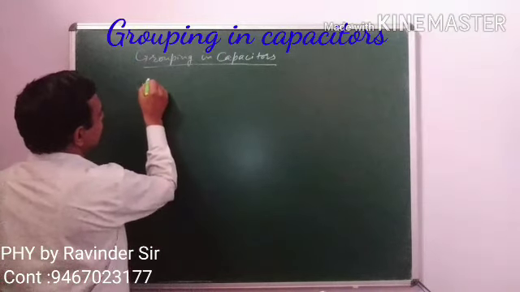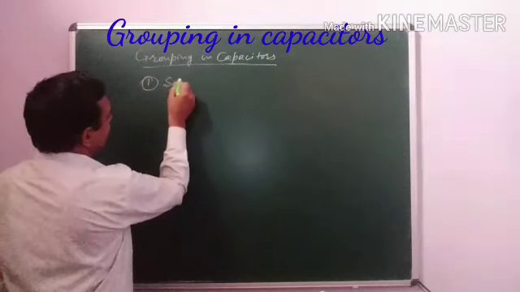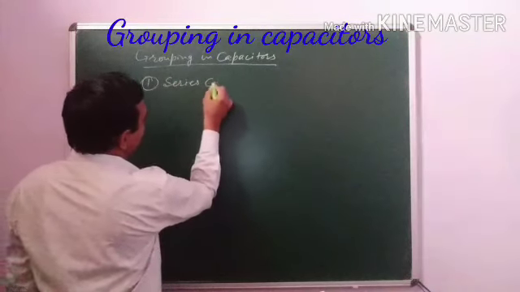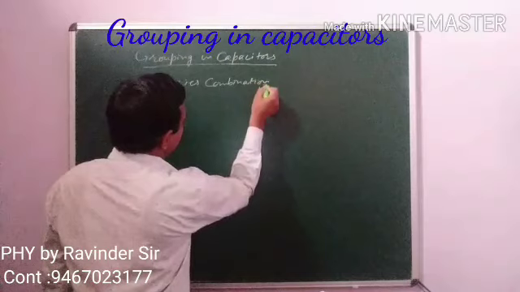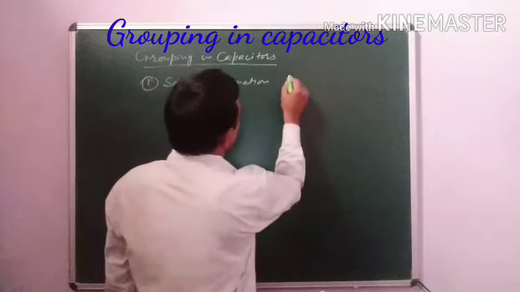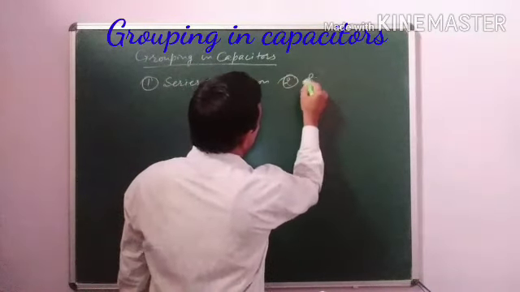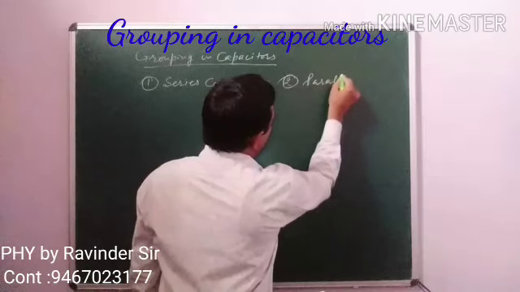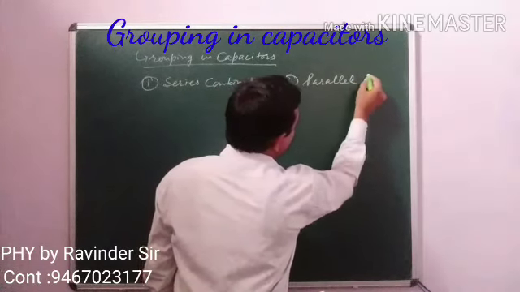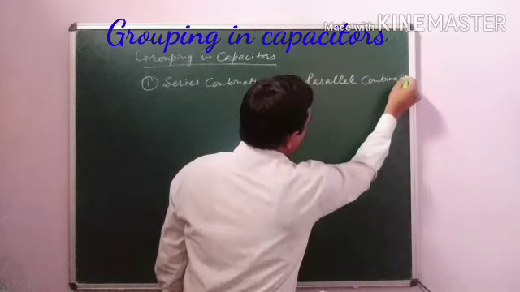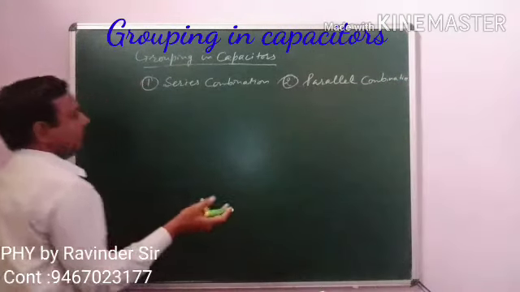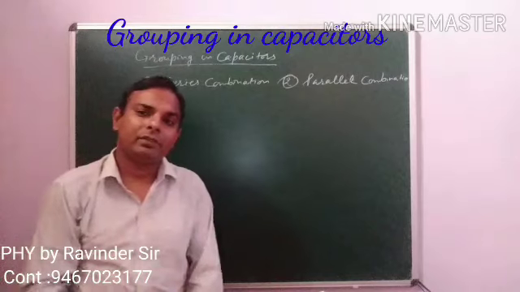Number first, series combination or series grouping. Number second, parallel grouping or parallel combination. First of all, I will discuss series combination.